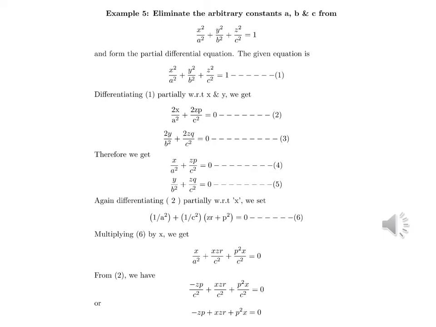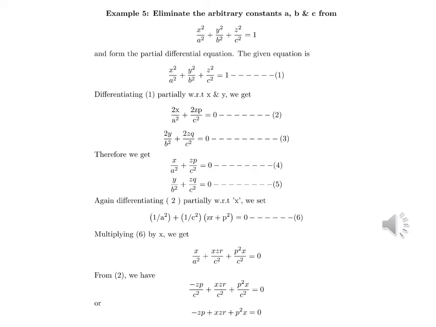Finally what we get is zr plus p square. We keep this as equation number 6. Now we multiply equation number 6 by x. What we get is x by a square plus xzr divided by c square plus p square x divided by c square equal to 0.